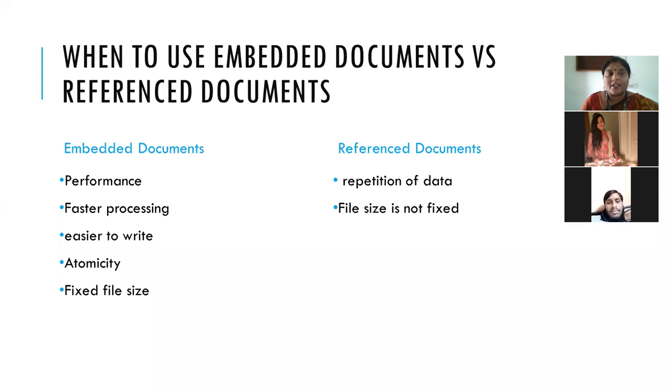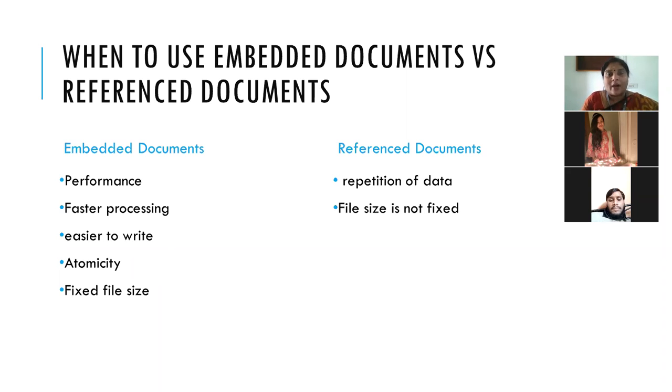In the referenced method, you segregate your parent document separately and your child document separately, and whenever you want to refer to the parent document, one of the keys you have inserted in the parent document will be acting as a local field, and the key in the child document will be acting as a foreign field, which is similar to primary key and foreign key which you have learned in RDBMS.